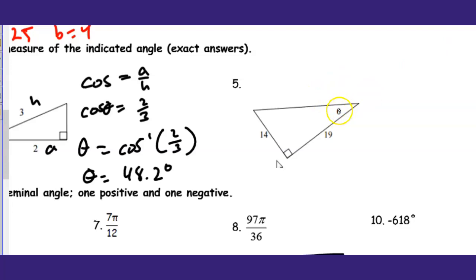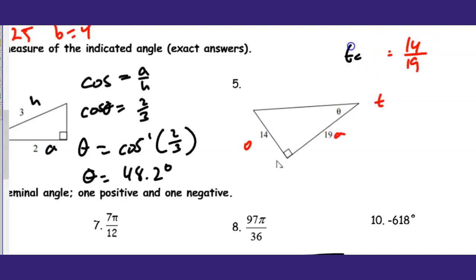Alright, right here we have opposite over adjacent, which means that's the tangent identity. And again, you cannot take the tangent of theta.